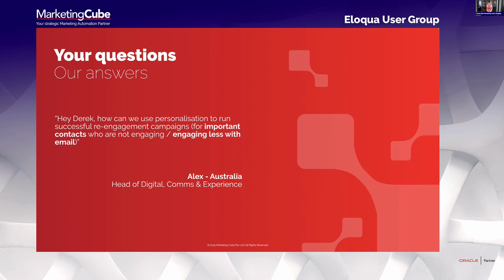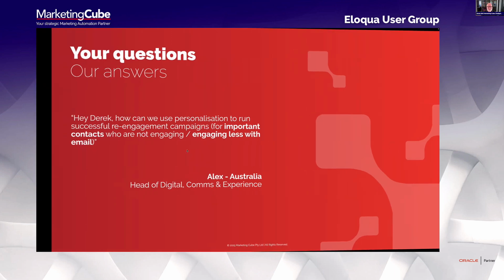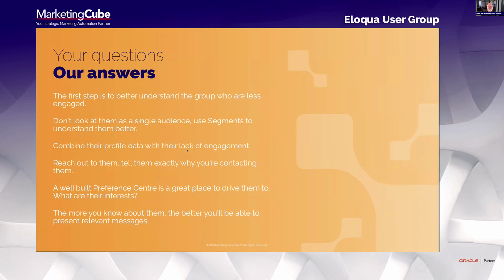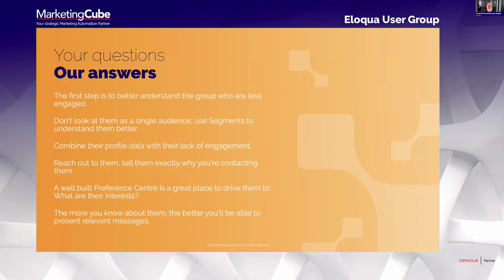So what do you do? The first challenge, I think, is we need to think about that audience in a little bit more detail. And he's done that, right? Really that first point that I've got there, Alex has definitely done that. He's identified that group. But I would suggest to you that you could still go deeper. Now, depending on the size of that audience, what I typically like to do is create a segment, identify the audience holistically.